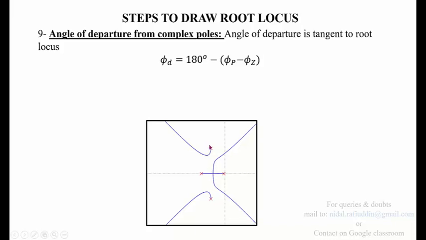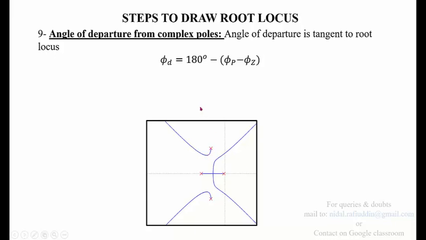Then likewise you'll be having these two poles, they will be moving in the direction shown by the branches. In fact, these two poles will be moving exactly as a mirror image about the real axis when you vary k from 0 to infinity. So we'll try to find the angle of departure, or the angle at which they depart along the branch.